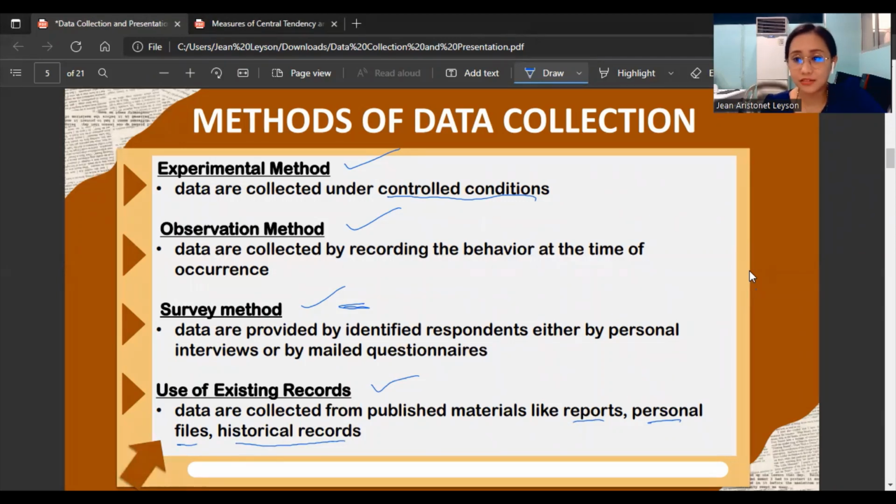You can ask for that data because there are already existing records for that. In relation to the elections, which are fast approaching, you can also ask how many voters there are in a certain barangay, municipality, or city.